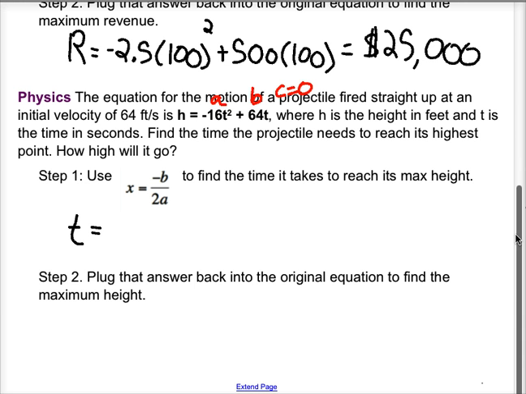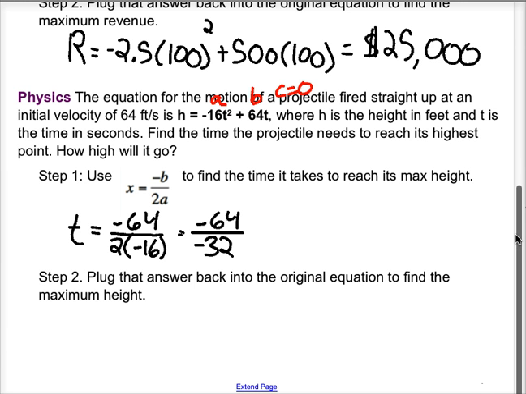So I'm going to plug in negative b, so negative 64, over 2 times a, which is negative 16. And again, to make sure that you're not making any simple calculator mistakes, you want a single number on top of your fraction, and then a single number on the bottom of your fraction.